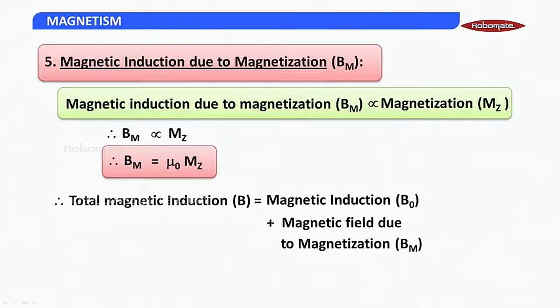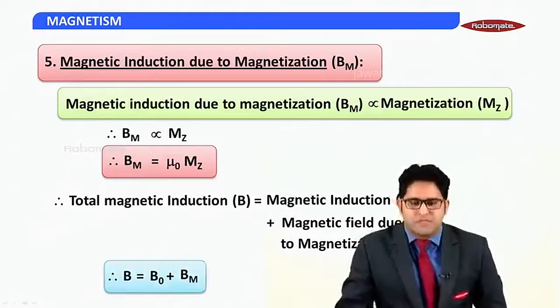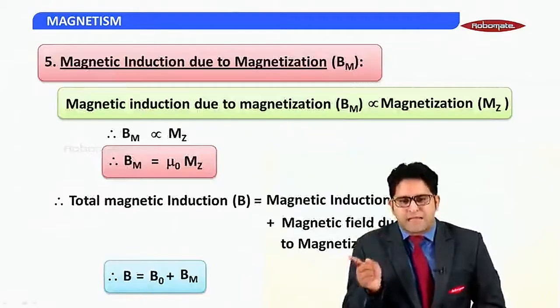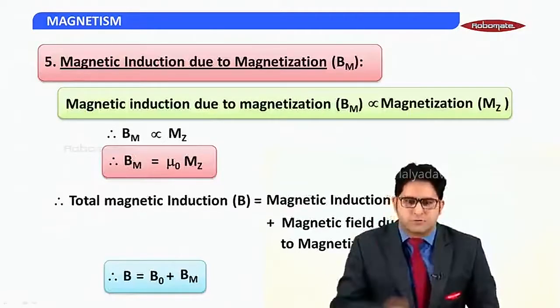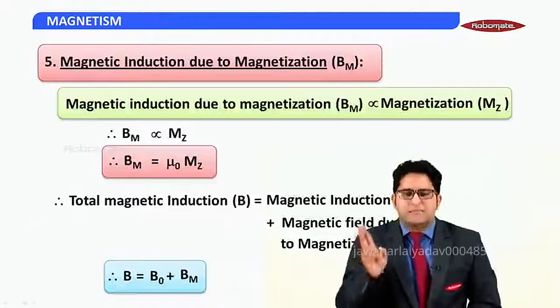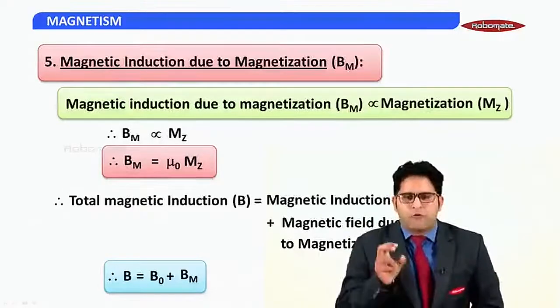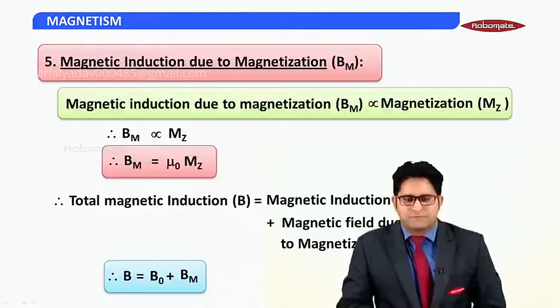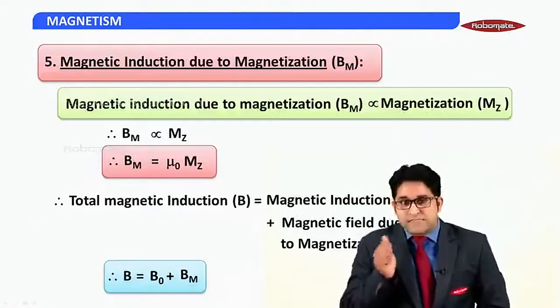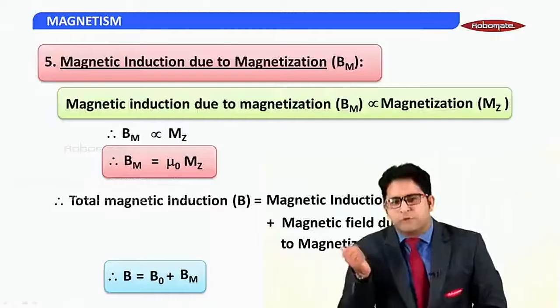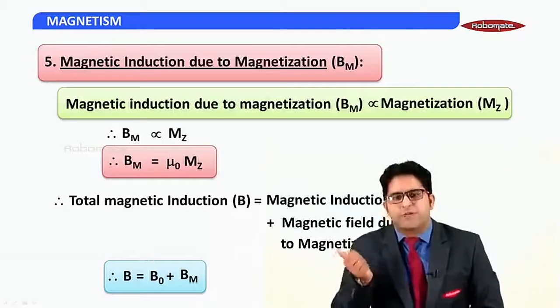So total magnetic induction B is equal to B naught plus Bm, where B naught is the magnetic induction of the current carrying solenoid and Bm is the magnetic induction produced inside the material of that solenoid. So students, this relation is very important. We'll be using this relation in the forthcoming modules.